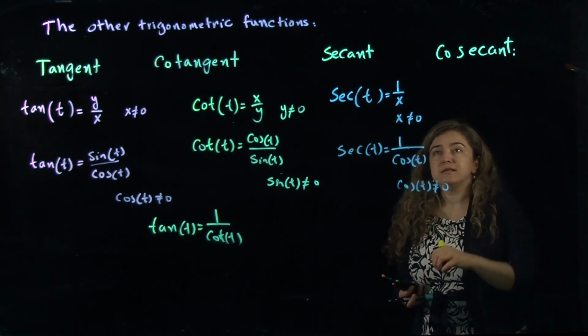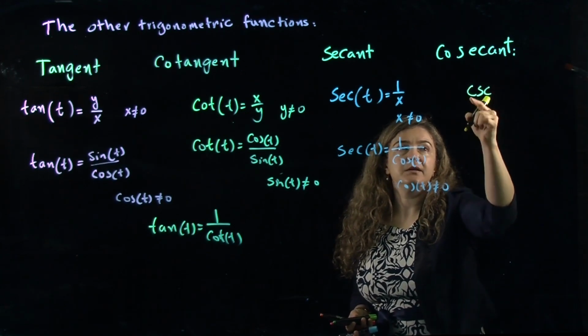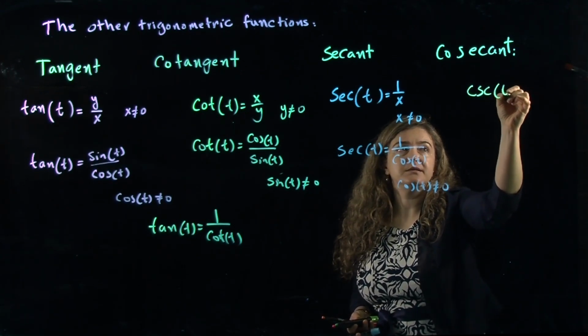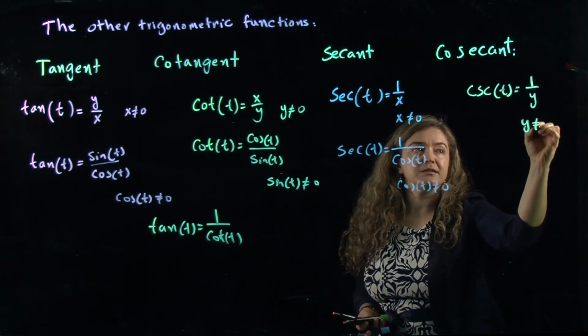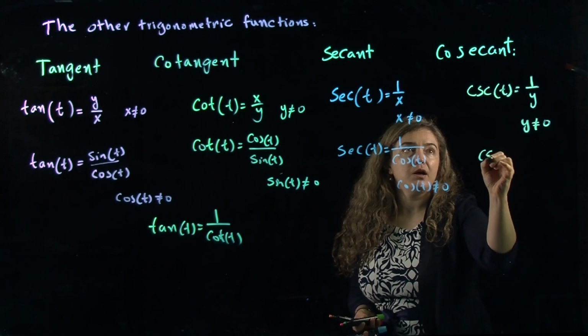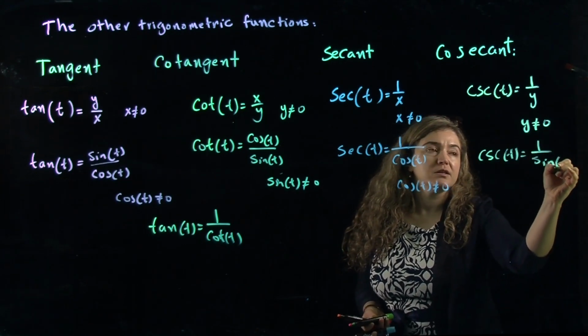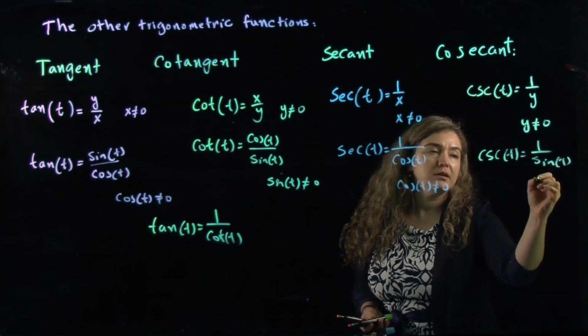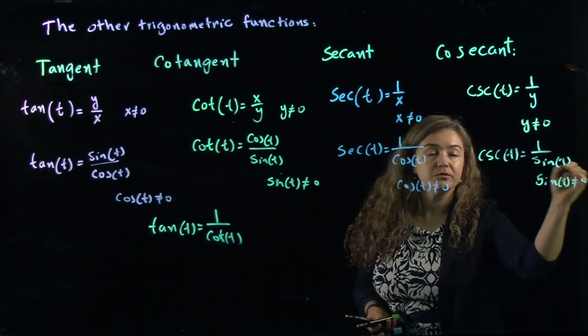And the last one is the cosecant of t. Cosecant is CSC. It is 1 over y, where y is not equal to 0. Also, it's 1 over sine of t when sine of t is not equal to 0.